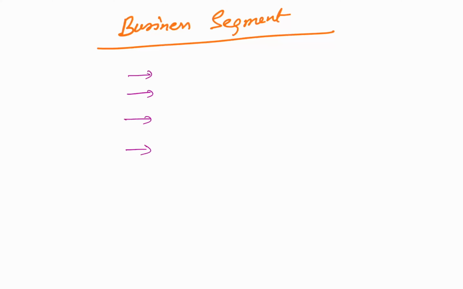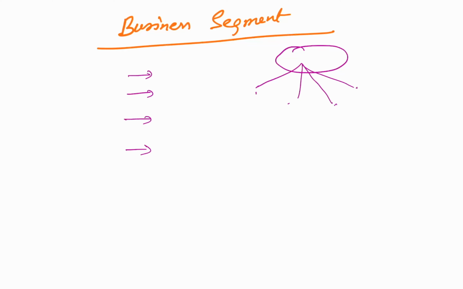So they are different on many parameters, and we treat each one as a separate segment of the Tatas. A business segment is like a mini company within a bigger company. Tata is a bigger company, and inside it there are these smaller segments.